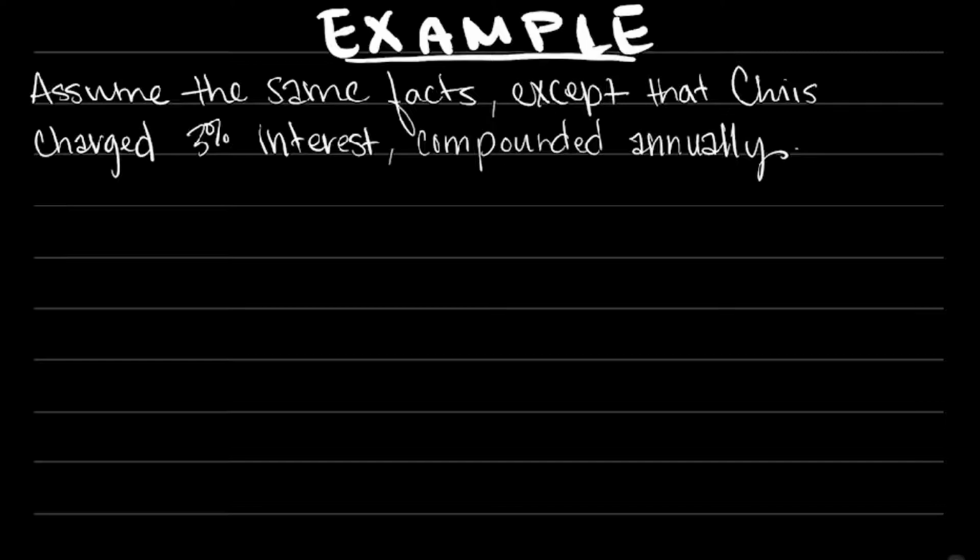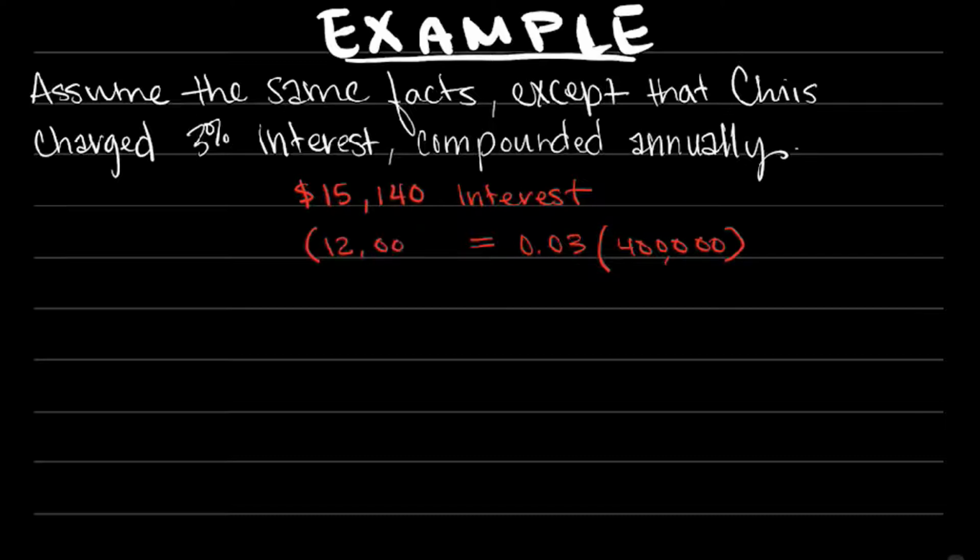So in this situation, we take the $15,140 that was computed in the previous example, and then we take the 3% interest, which we're going to calculate backwards, of 0.03 times the 400,000 that is compounded semi-annually, and that gives us interest of $12,000.